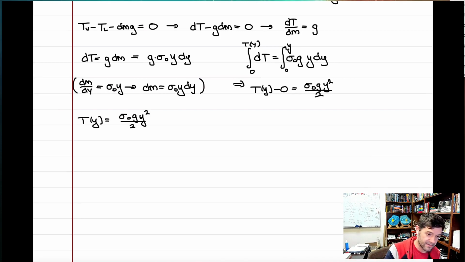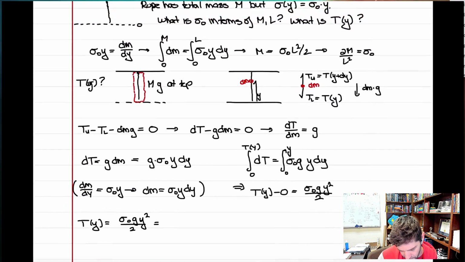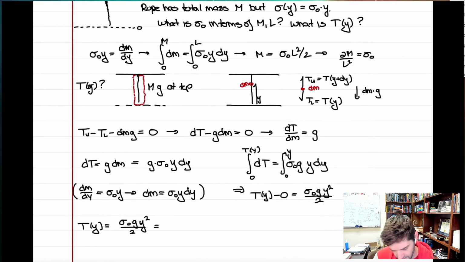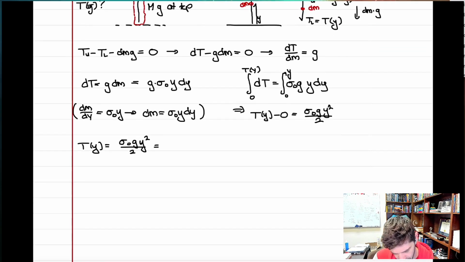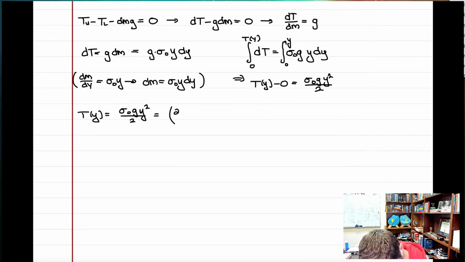Indeed, it starts at 0 and gets bigger and bigger and bigger. We took the time to already figure out what sigma naught was. We said it was 2M over L squared up here. So I could come back down here and substitute that in.